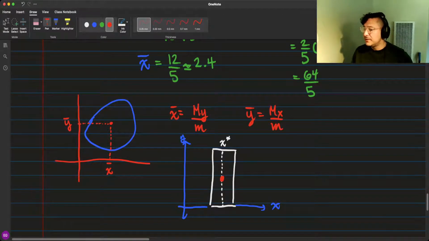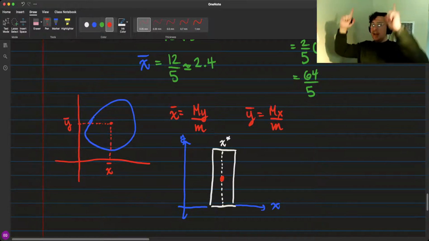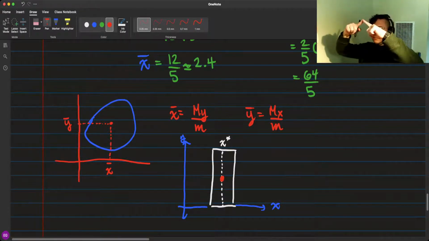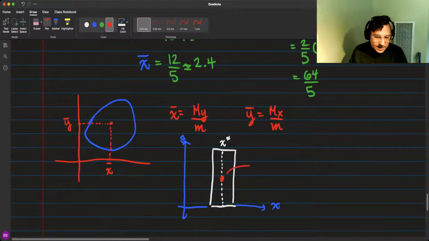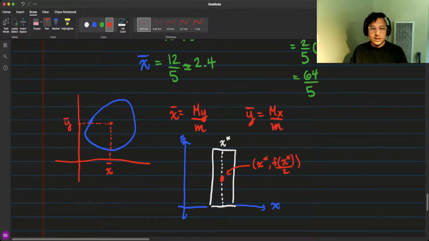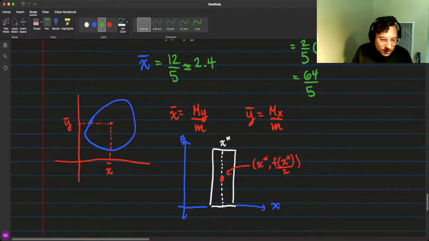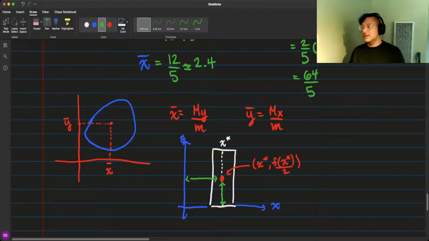Because if it's a rectangle with constant density, you know that the x point for the center of mass will be in the middle, and so will the y point. So this point right here is x star comma f of x star over 2. Which means you have a distance from the y-axis and a distance from the x-axis.